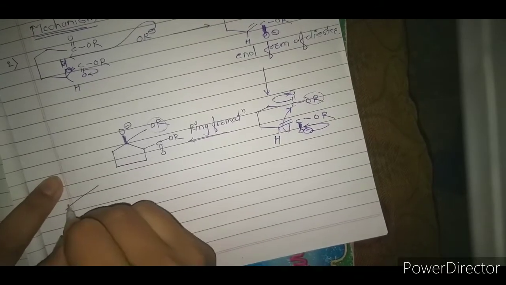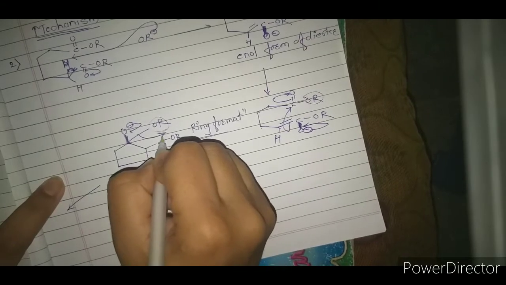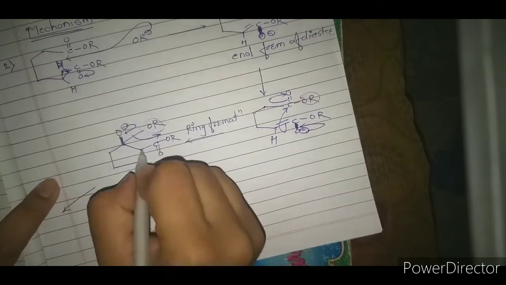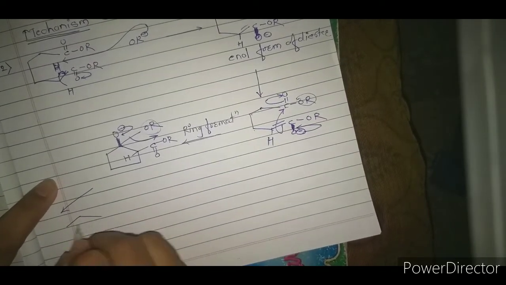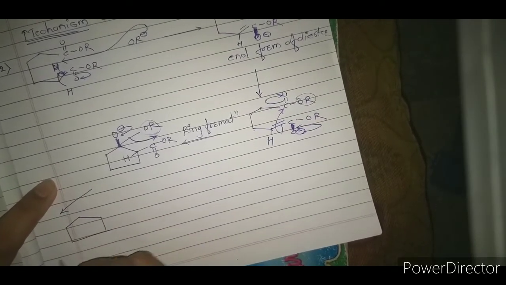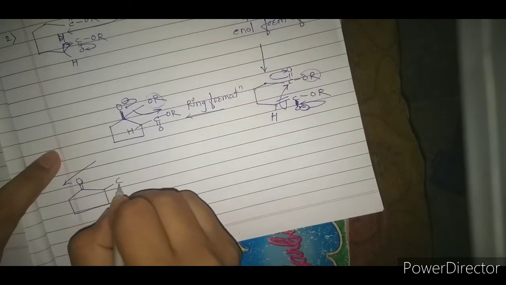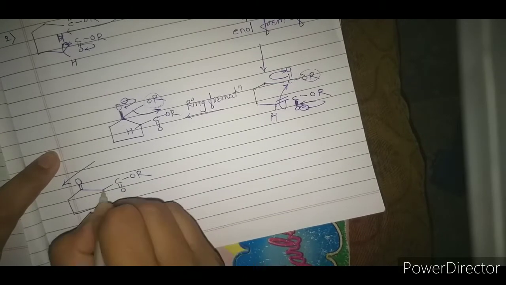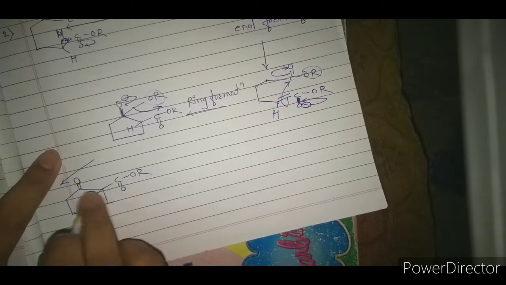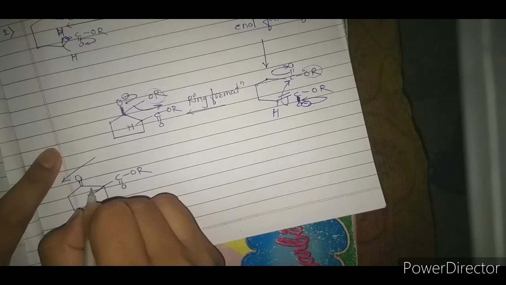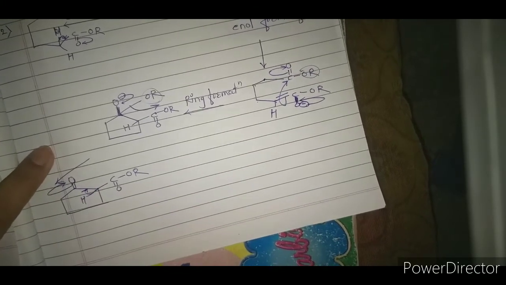Next step, what happens? This electron is transferred here and this alkoxide group is removed. And from this compound, in this step the deprotonation occurs, meaning this electron is transferred here and this electron is transferred here.